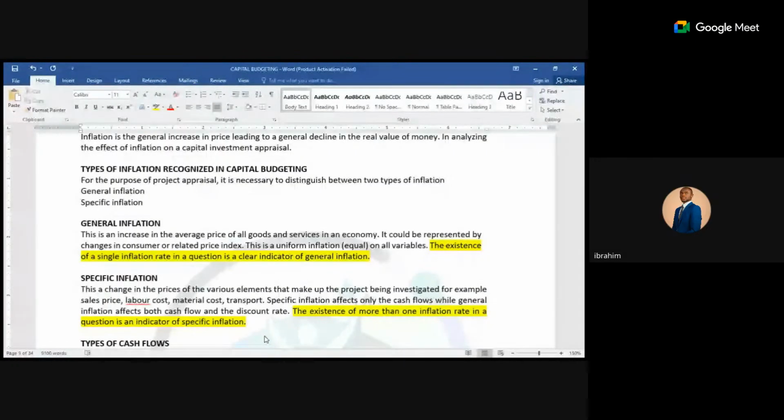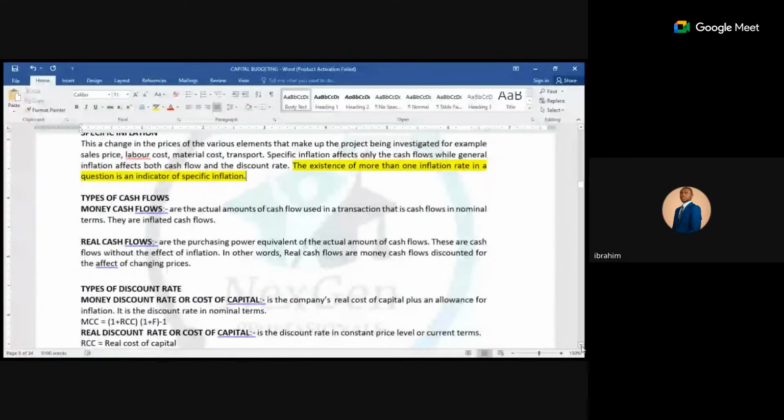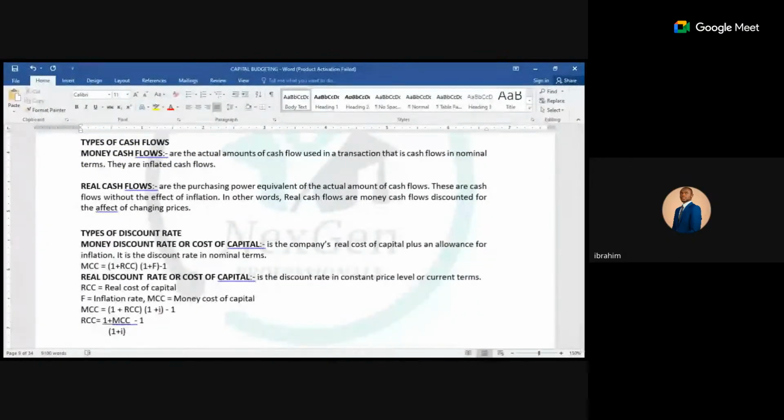Right. Now, having explained this, we will move to cash flows. There are different types of cash flows. We have the money cash flow and the real cash flow. Class, we need to pay attention to this part because it is very important.